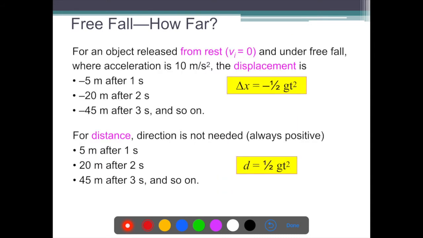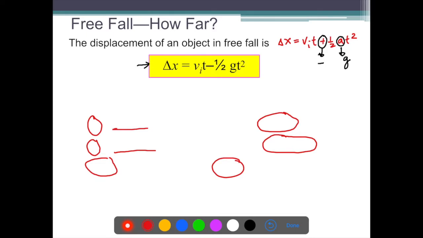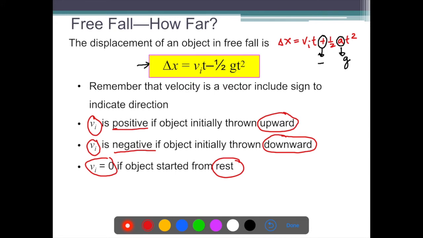So for the special case when the object was released from rest, that means that initial velocity v_i is equal to 0. And so the kinematic equation here becomes just negative 1/2 g t squared, because in that case v_i is equal to 0, so this whole term is equal to 0 when released from rest.